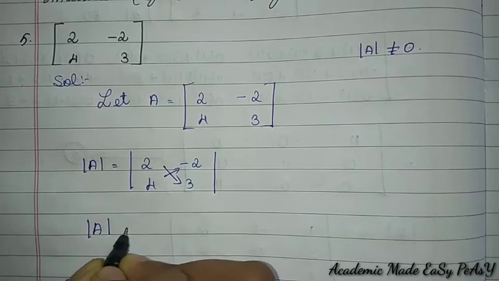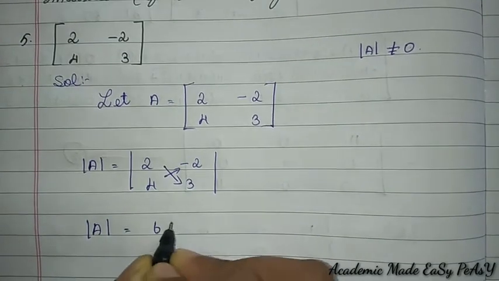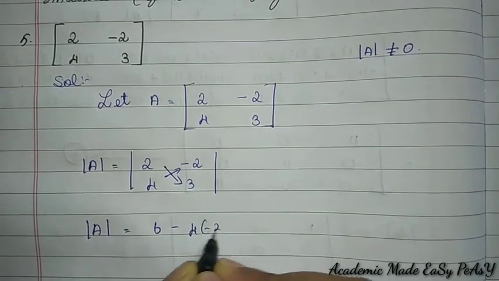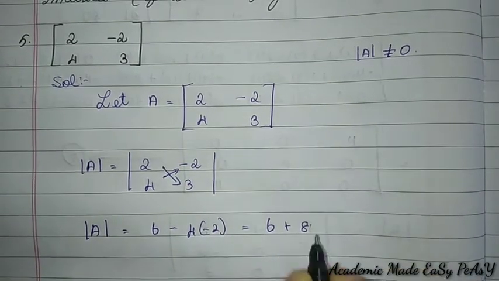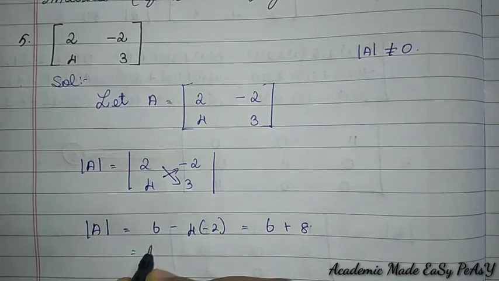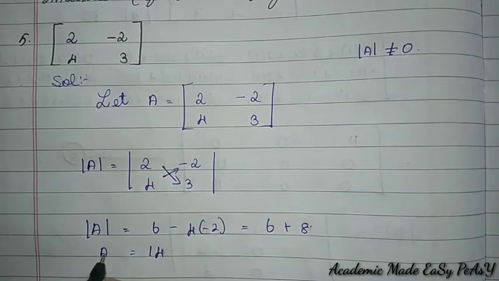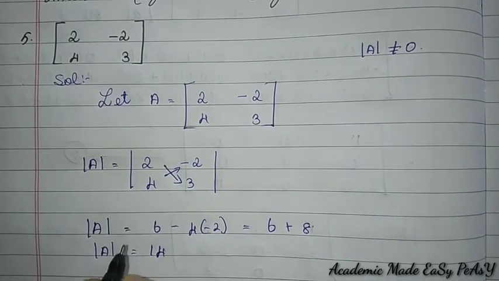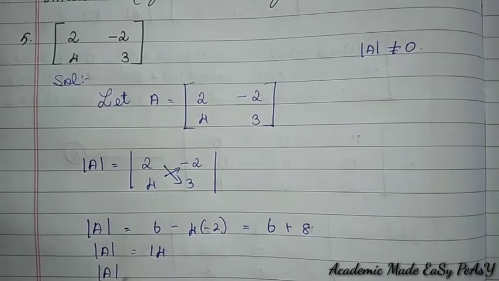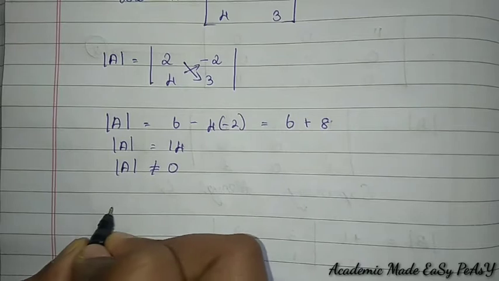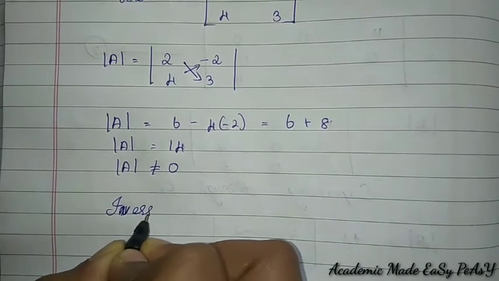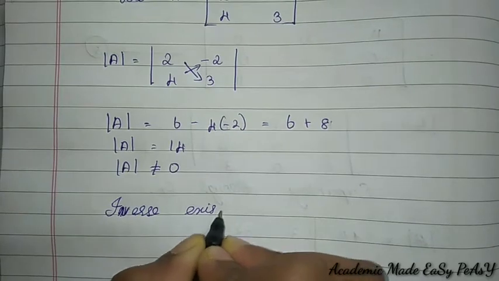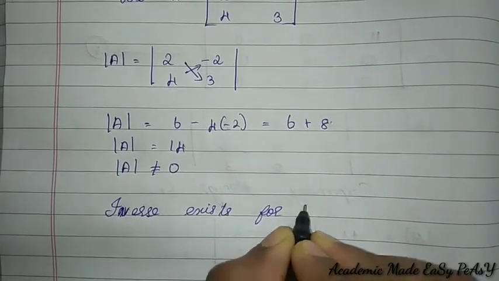So determinant A is equal to 6 minus 4 into minus 2. So here 6 plus 4 2s are 8. So 8 plus 6 is 14. So determinant A is 14. Since the determinant A is not equal to 0, I will say that inverse exists for the matrix A.